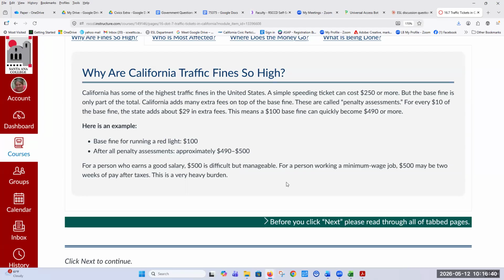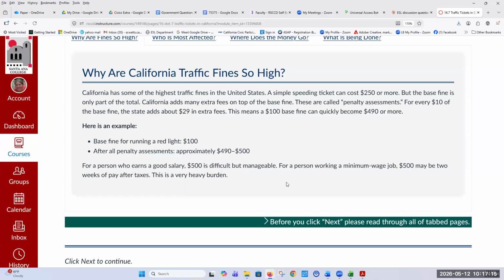These are called penalty assessments. For every $10 of the base fine, the state adds about $29 in extra fees. This means a $100 base fine can quickly become $490 or more.